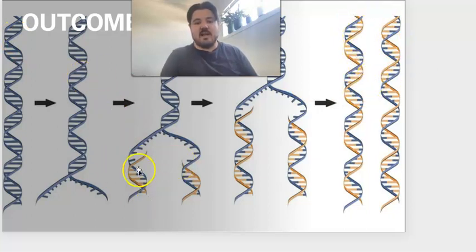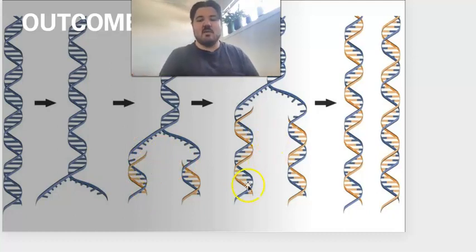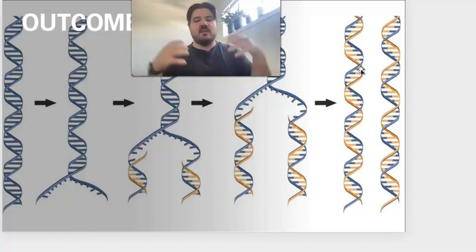Because what happens is, as it splits, the two sections that are being split apart serve as templates. And as one side is copied, a new strand is synthesized onto it, and you end up with these two here. So they both have a blue portion from the original. So it's half of the original, and it's conserving it because it's reusing it again. So when you think of semi-conservative, you think of half being used again, right? Half is being used in the new copy.